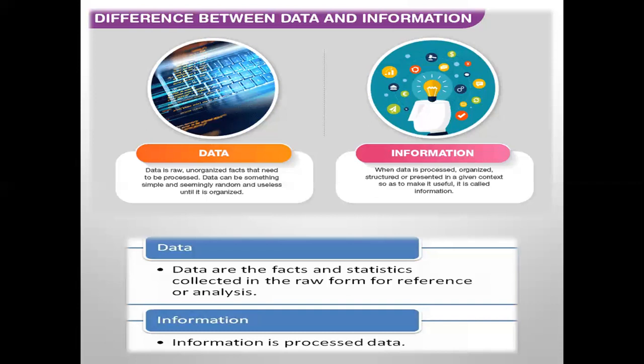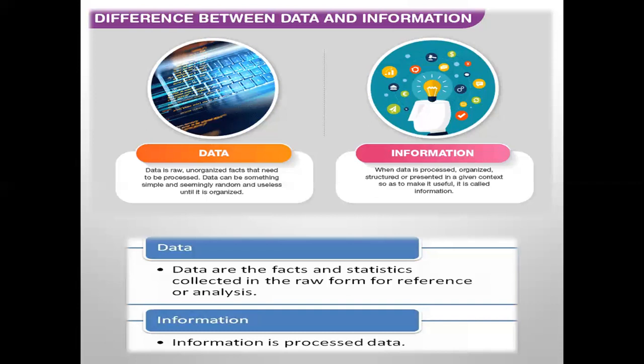Another example would be yours only. Take the student's example. Student names in a class are data, just collected names of the students. When they are put in sorted form from A to Z, that is, the names of the students are in alphabetical order, then it is called information.